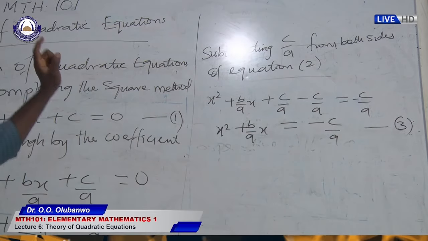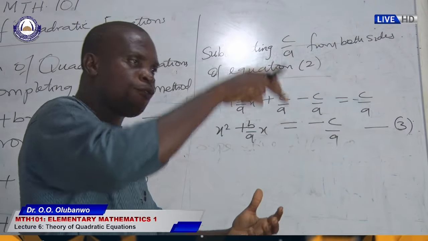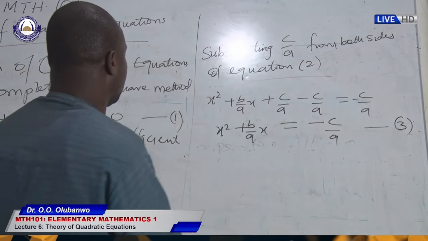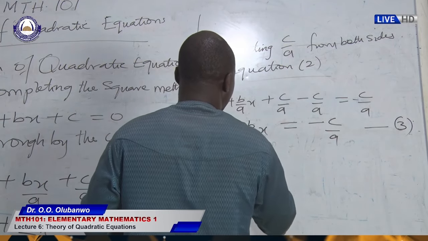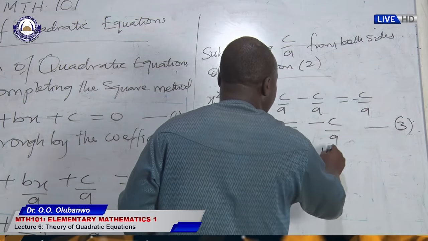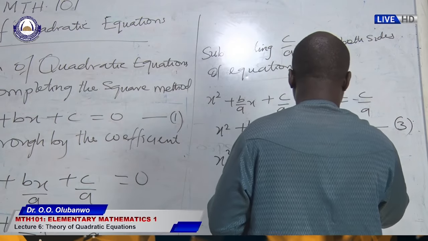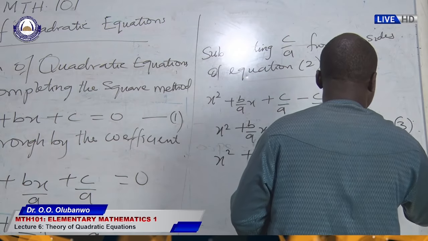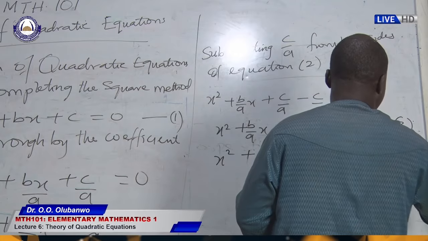Now, the next thing for us to do is to add half of b over a, squared, to both sides. We have x squared plus b over a x plus half of b over a all squared equals minus c over a plus half of b over a all squared.